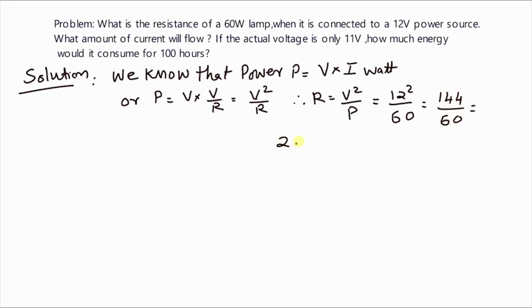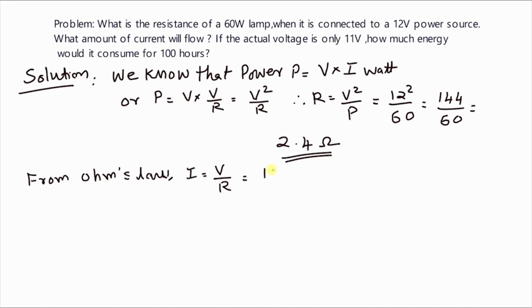This gives 2.4 ohms. From Ohm's law, I is equal to V by R. That is equal to 12 divided by 2.4. This gives 5 ampere.